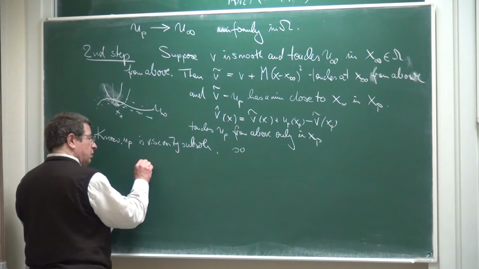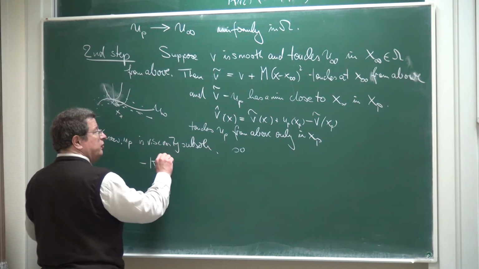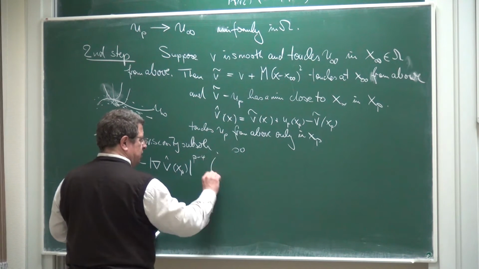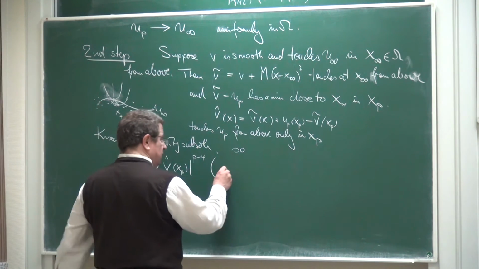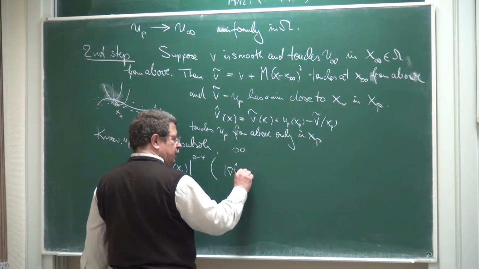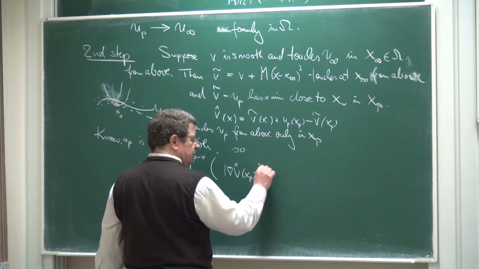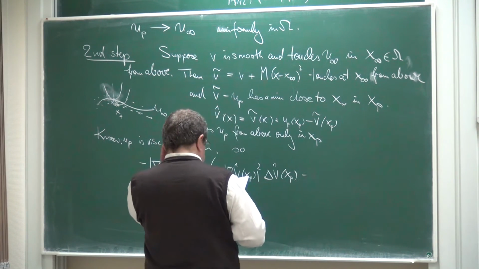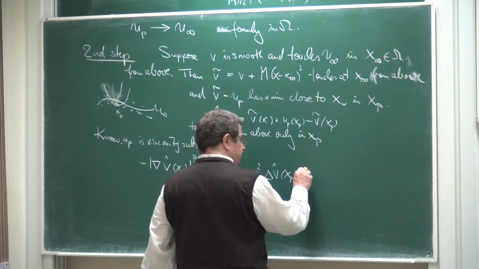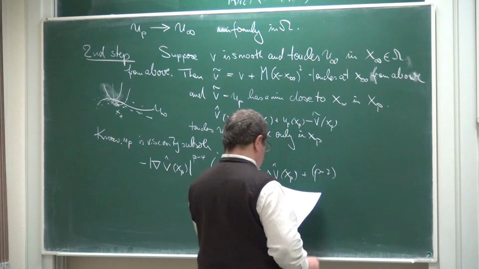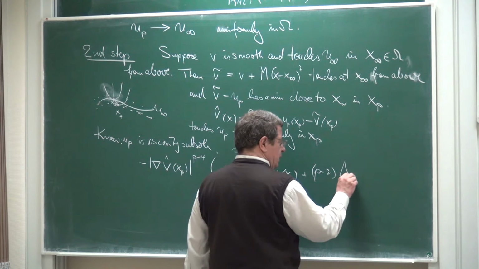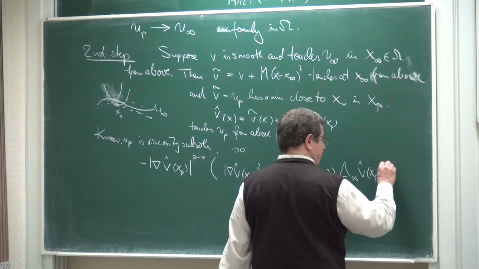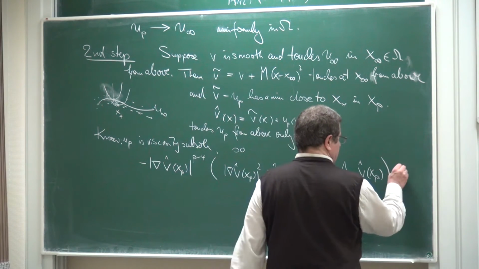So we know that minus the gradient of v hat in x_p to the power p minus 4 times (|gradient v hat in x_p| squared times Laplacian v hat in x_p plus p minus 2 times the infinite Laplacian of v hat in x_p) is less or equal to 1.